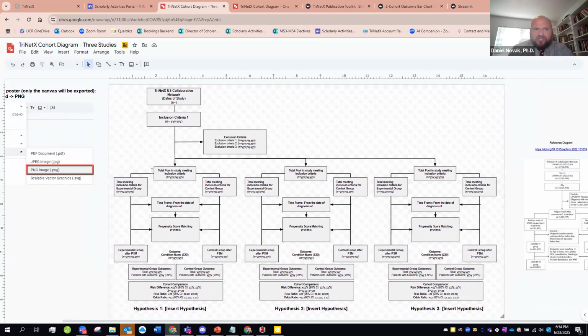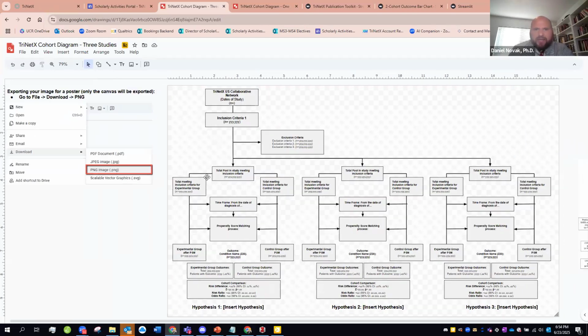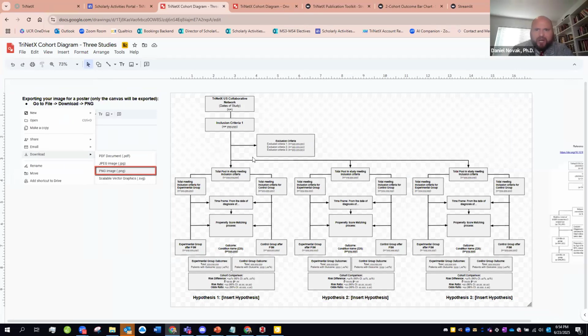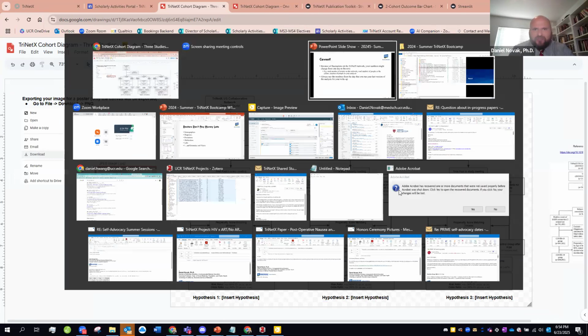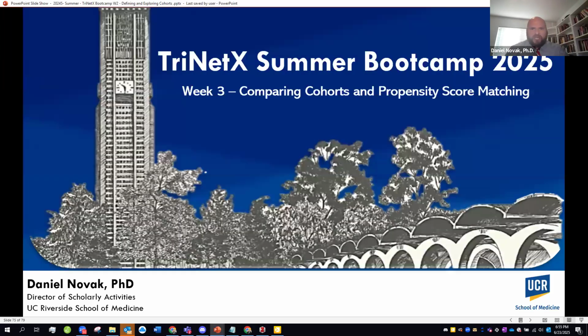You can save this to a PNG file. There's instructions for that over here. And then you can put that on your poster and develop all sorts of really great figures to include in your manuscript or your posters and use that to really help guide people in the future as to what you did. So that's it for today.